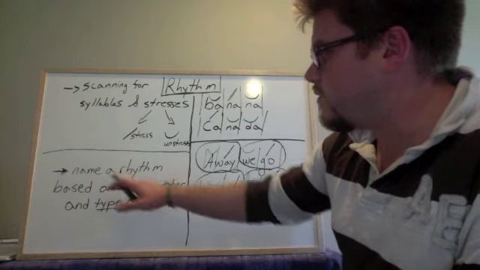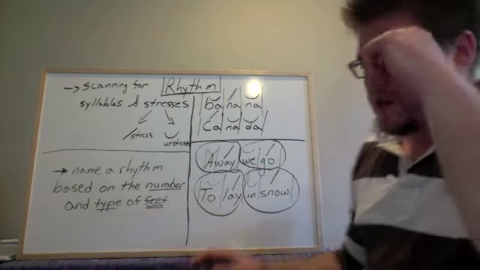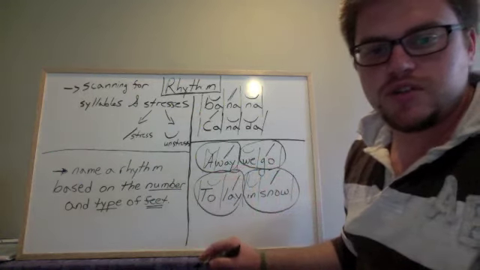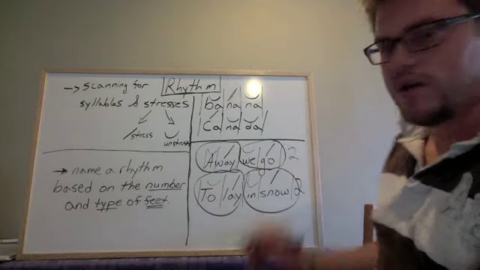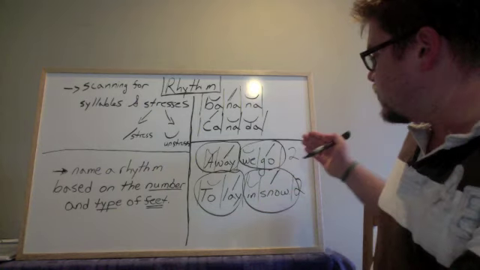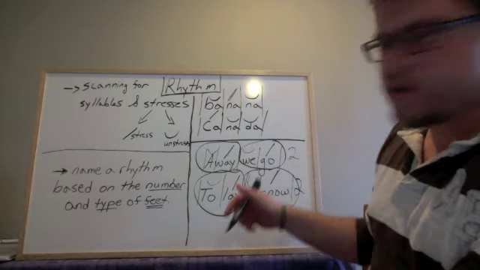Now, to name a rhythm, it's based on the number and the type of feet. So we already know the type. We know that it's iambic. Now we just need to know the number, and that's easy. We have 2 here, and we have 2 here. So each line of poetry, in this case, has 2 iambic feet.